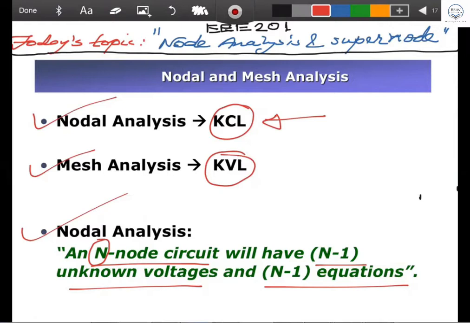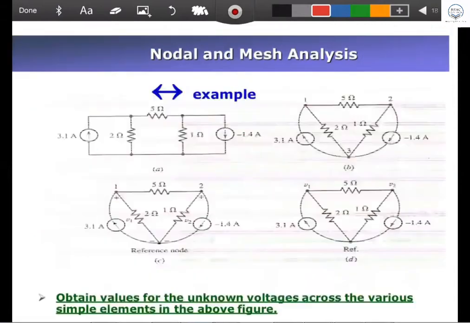Now, what is a node and how many nodes are in a circuit? By looking at the circuit, you can tell, as we saw in the last class. Likewise, if I ask how many nodes are there in this circuit, you can easily say there are 3 nodes.